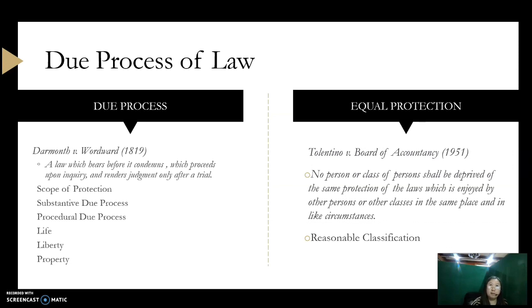When you say property, it is the right to the thing itself or the right over the thing itself. There's a difference between the right to the thing and the right over the thing. Because when you say right to the thing, it refers to something which is capable of appropriation.